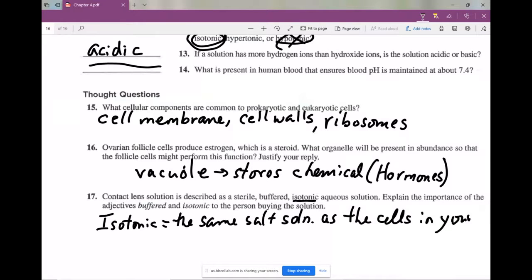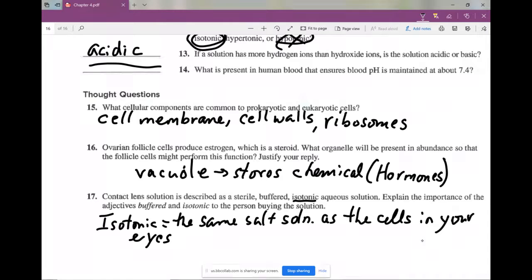This is a good question. Imagine if your contact lenses were dipped in a hypotonic solution and suddenly you put that hypotonic solution on your eyes. It would sting because all of a sudden water wants to get into your eye cells. Or if it was in an extremely salty solution, then all of a sudden your eye will shrivel up, and that would not be good, of course.